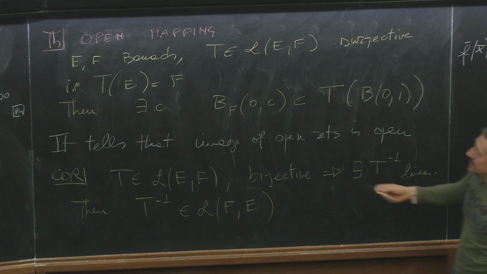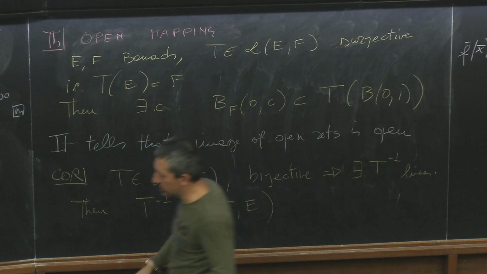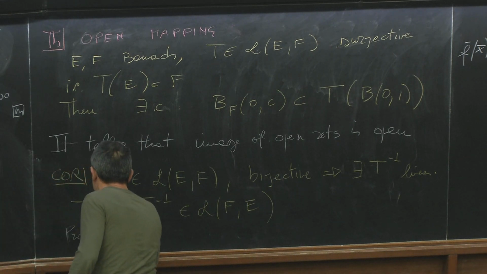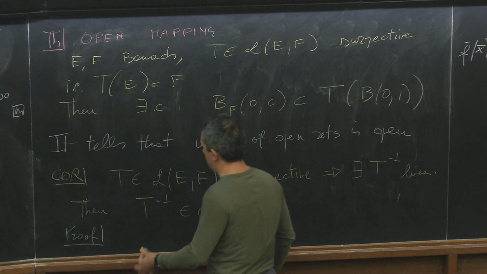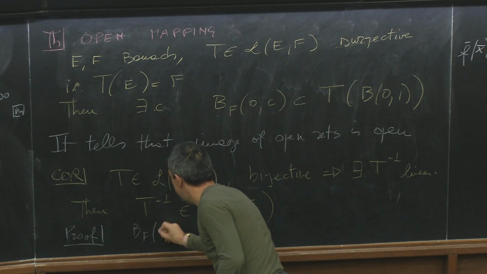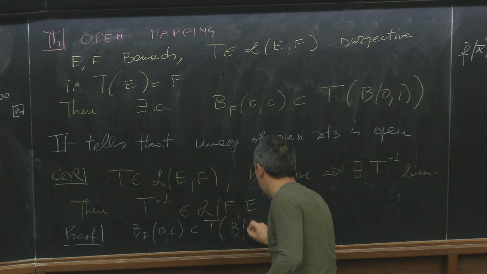The proof is because from this fact, the ball of radius C is contained in the image of the ball of radius 1.